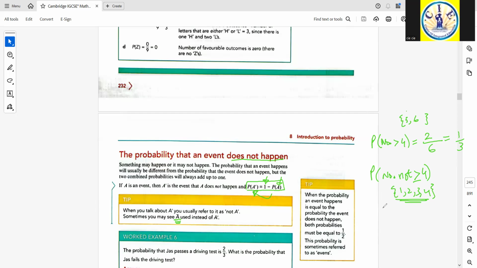And when we calculate their probabilities, we can subtract those probabilities from 1.